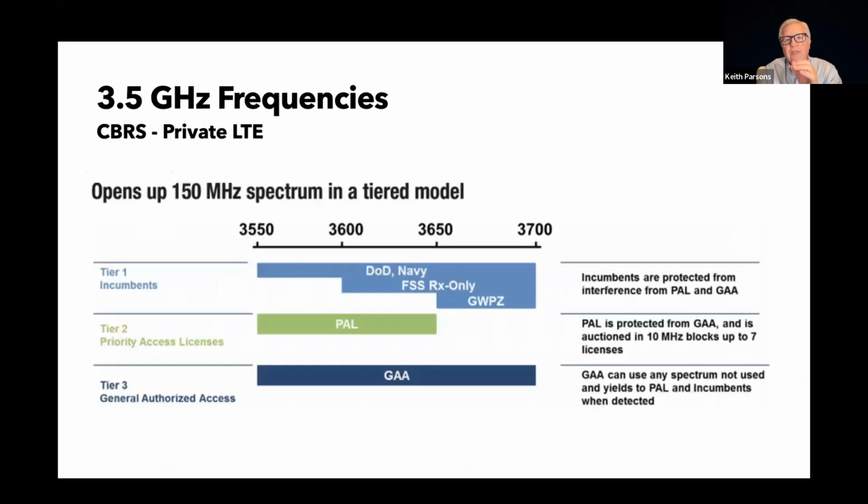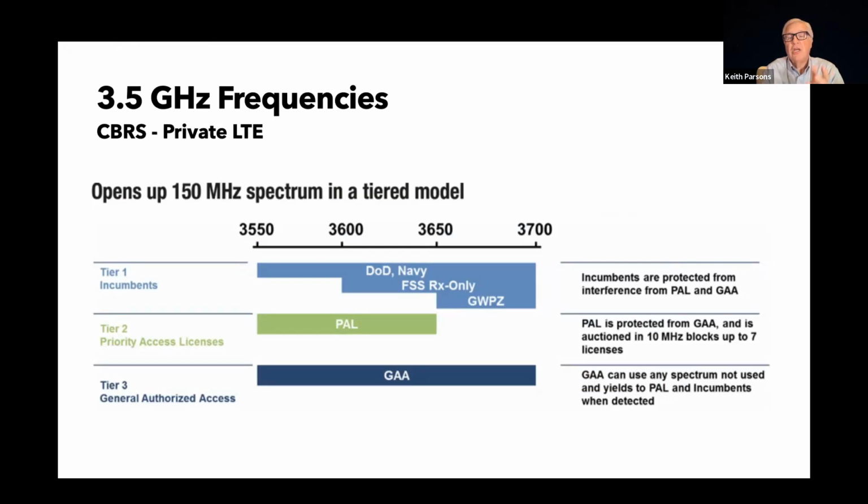Another set of frequencies we use in Wi-Fi now is the 3.5 gig. They're actually in the 3.6, 3.7 range. We use it for private LTE, CBRS, and it's kind of in between the 2.4 and the 5. Most of our phones and handsets have the ability, because of the size of their antennas and the chips they're using, to be capable of using these frequencies.